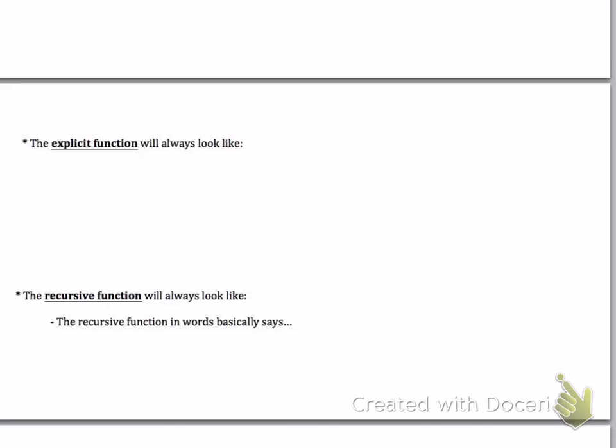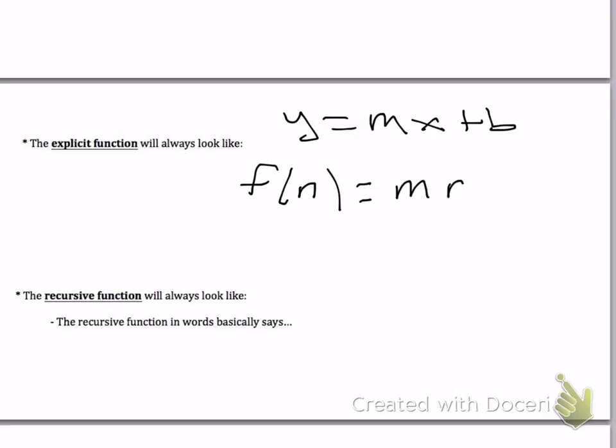The explicit function for an arithmetic sequence basically looks just like y equals mx plus b, only we use function notation. So instead of y equals mx plus b, we have f of n, typically we use n for sequences, equals mn plus b.